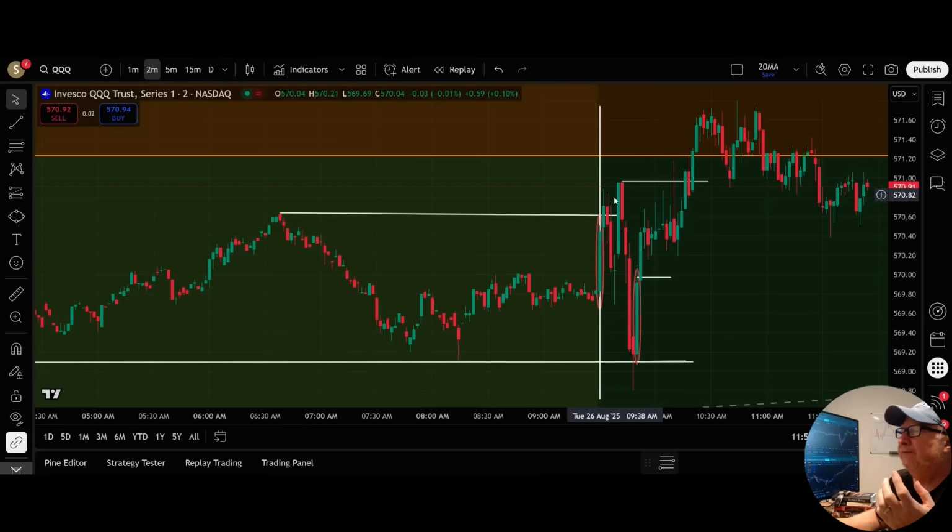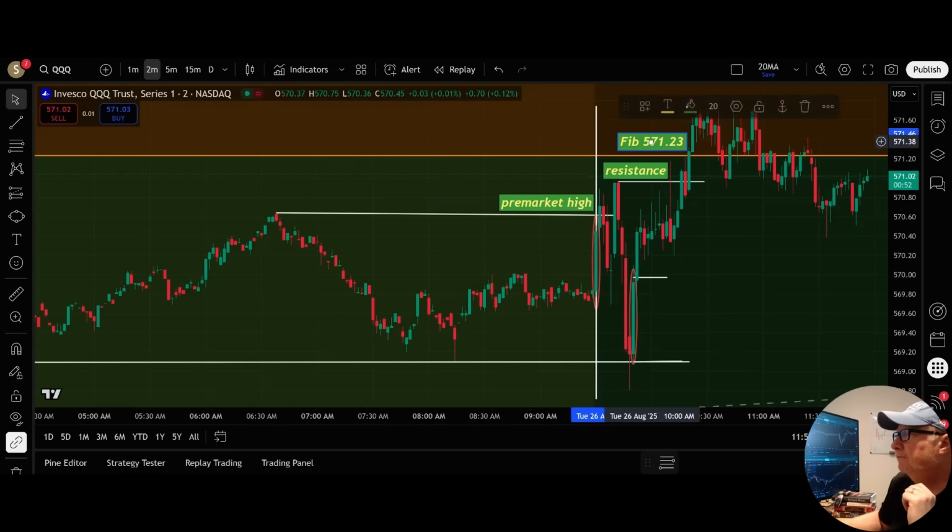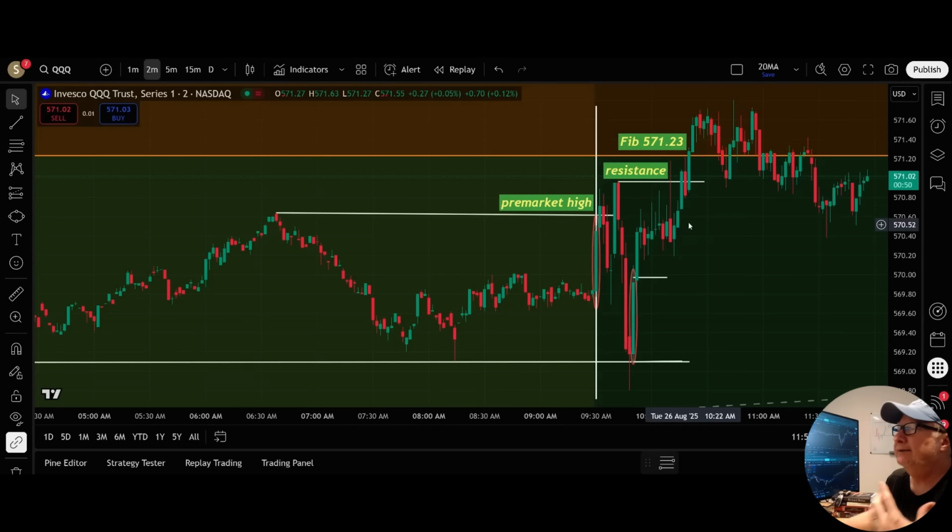And instead of using the pre-market high, which was here, or even resistance that was put in place just a few minutes earlier, use this Fibonacci number as a target. Again, I had a great question about taking profits. There are a ton of different ways to take profit.